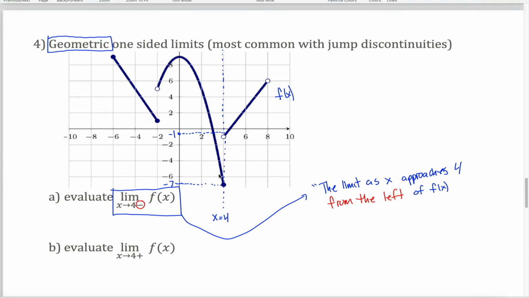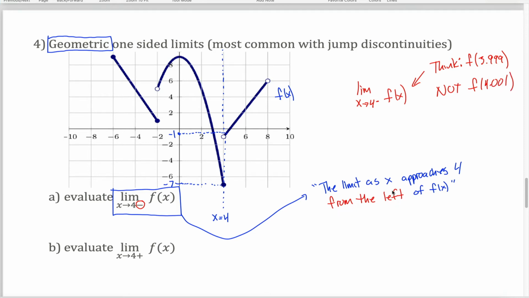So even though I couldn't format things perfectly here, maybe it should have looked like the limit as x approaches 4 from the negative side of this function f of x. And all you have to know about this is think f of, I don't know, 3.999 and not f of 4.001. Why? Because we're coming from the left.